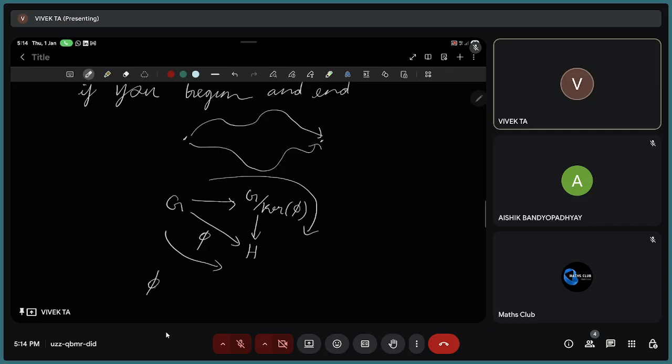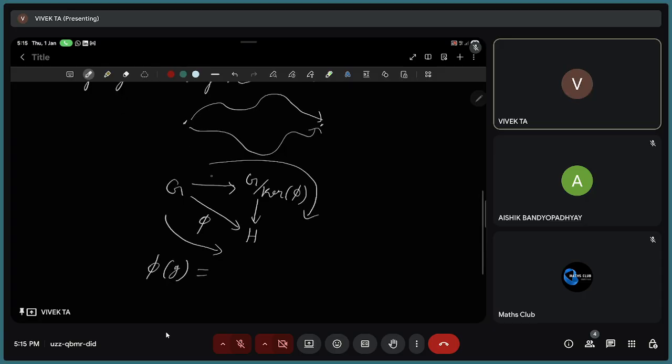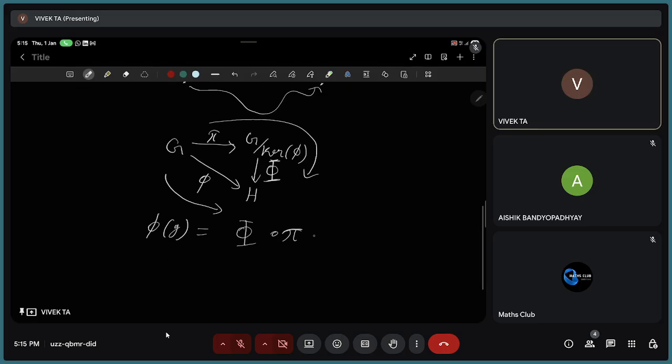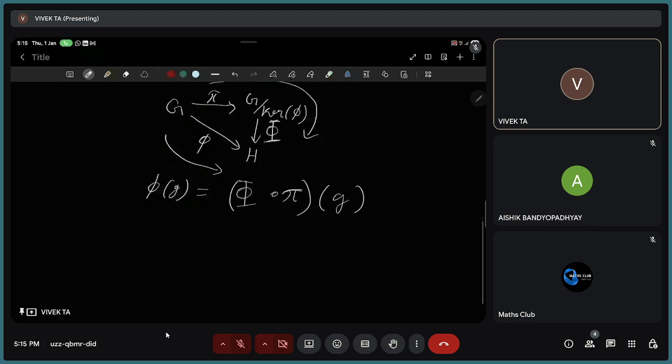So essentially phi of G is equal to the projection map followed by the map that is defined afterwards. So this is essentially a commutative diagram.